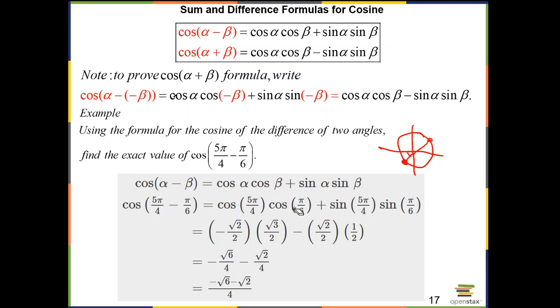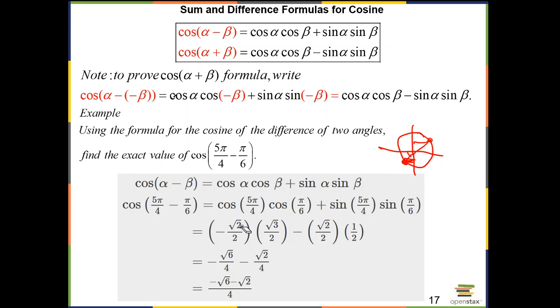And cosine pi over 6, you memorize, you know it's square root of 3 over 2. Sine of 5 pi over 4 is negative of sine of pi over 4, right, as you see. So it's negative square root of 2 over 2, so that makes that minus, right? And then sine pi over 6 is, of course, 1/2.